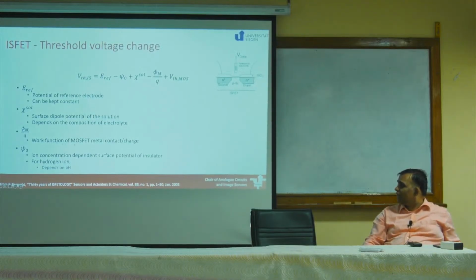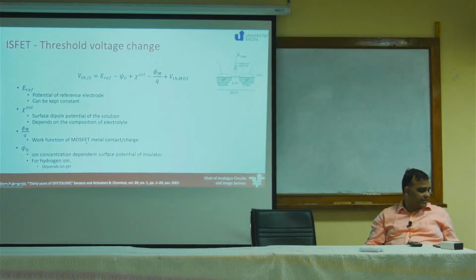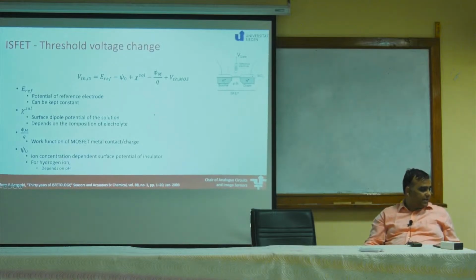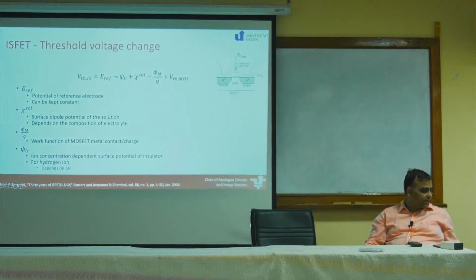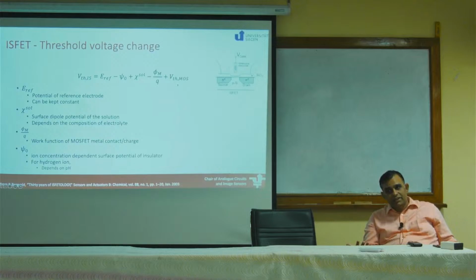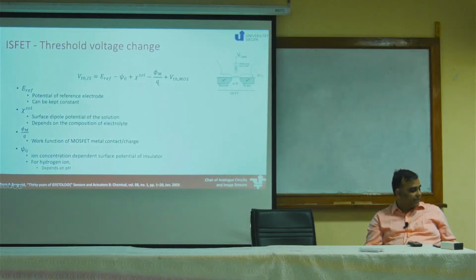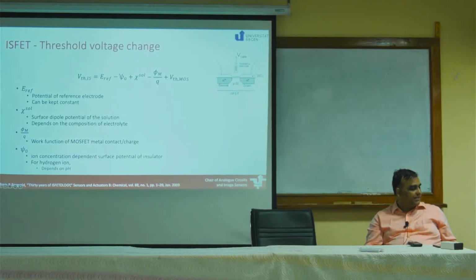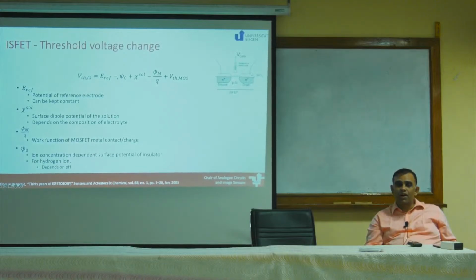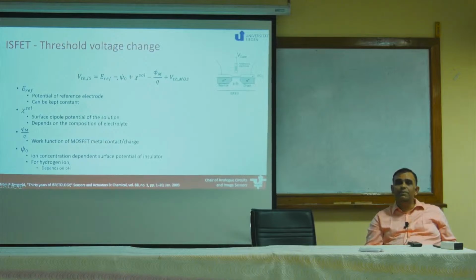We also have the work function of the metal contact, or in this case a poly contact, but most importantly there is a term proportional to the ion concentration. The rest of these can be treated as constants. So, VTH MOS is the original threshold voltage of the MOSFET device, and then the ion concentration is changing my threshold voltage, how far up or down it goes, and it is fairly linearly proportional to it.